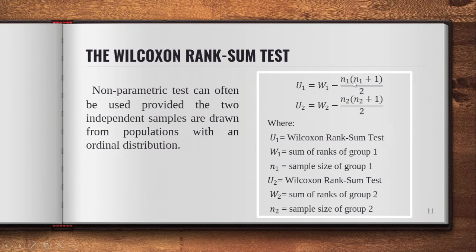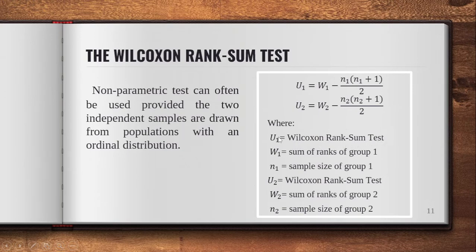minus N sub 1 times N sub 1 plus 1 all over 2. So we have U sub 2 is equal to W sub 2 minus N sub 1 times N sub 2 plus 1 all over 2. So where U sub 1, Wilcoxon Rank-sum test.